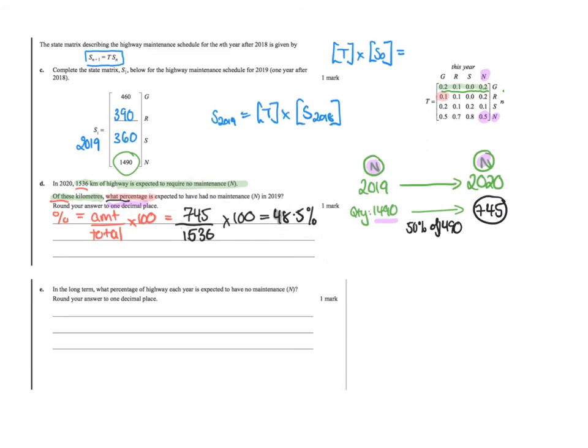Now, the next question, they're asking me, in the long term, what percentage of the highway is expected to have no maintenance? So they just want in the long term, but they want a percentage and round to 1 decimal place. Because they just want a percentage, it'll make your life easier if we don't use their original state matrix.